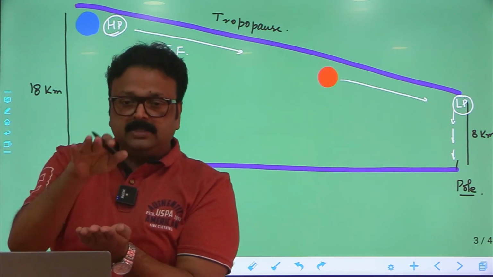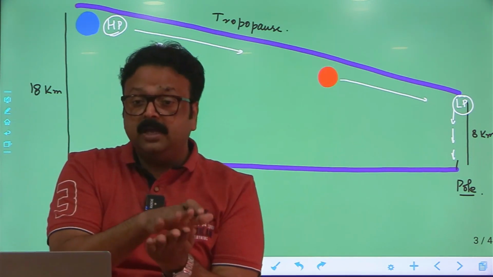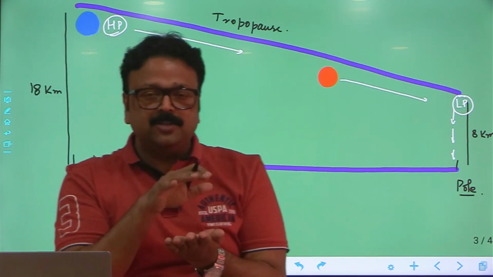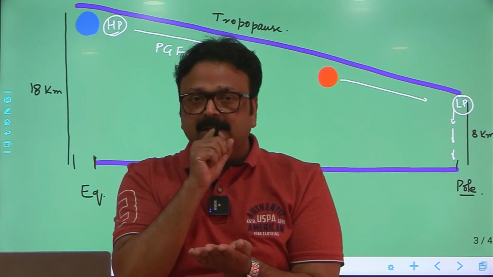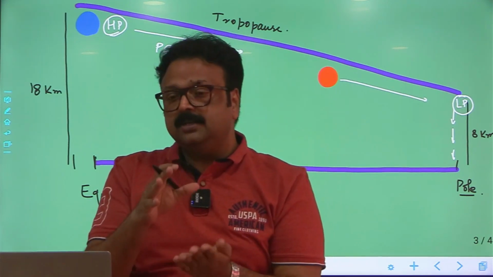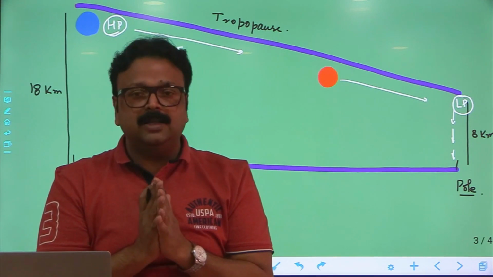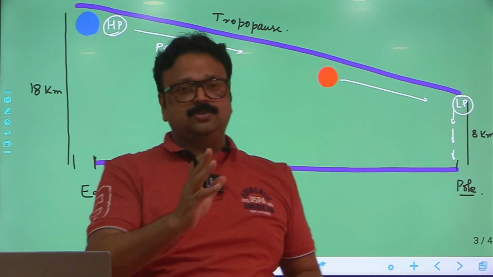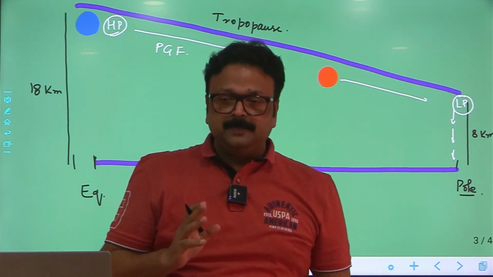If the wind is near the earth's surface, there will be high frictional force, and it will restrict the flow of the wind. But if it is absent, only two forces are there, PGF and Coriolis force. So what happened?